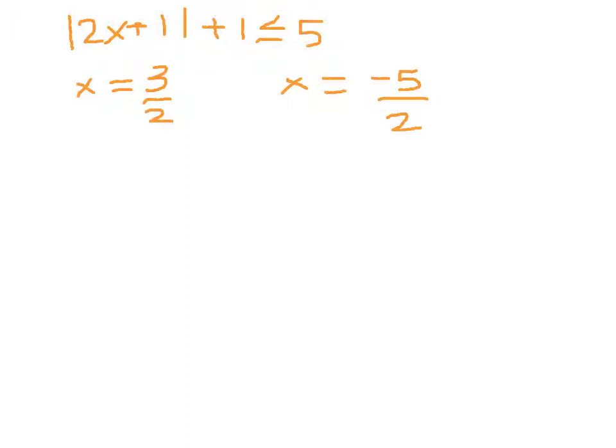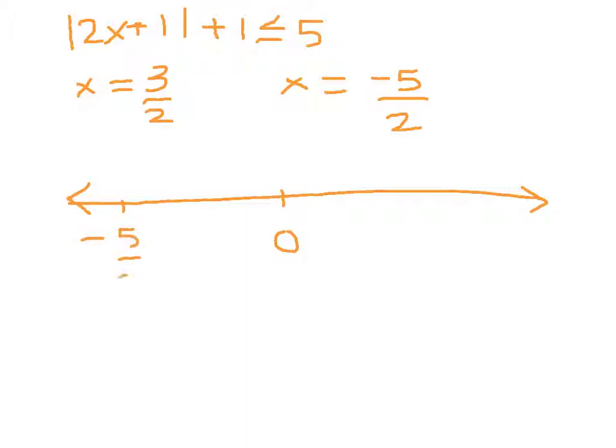So in this case, I'm just going to draw my number line. There's my number line, and here's 0. And here's negative 5 halves, and here's 3 halves. I know that those are solid dots because those are where they're equal to one another. And then I'm going to try 0.